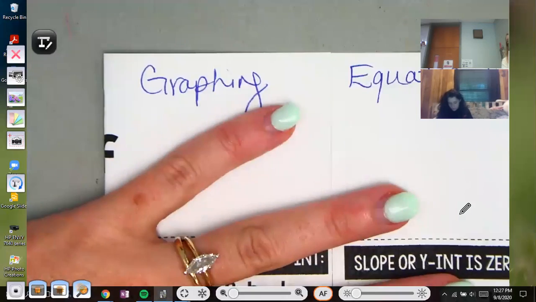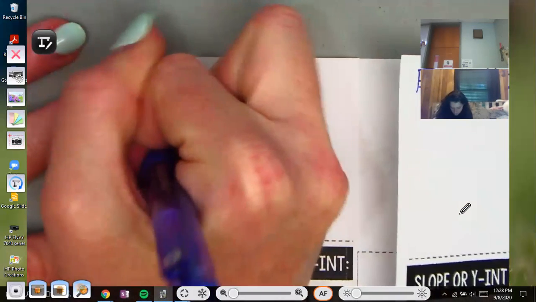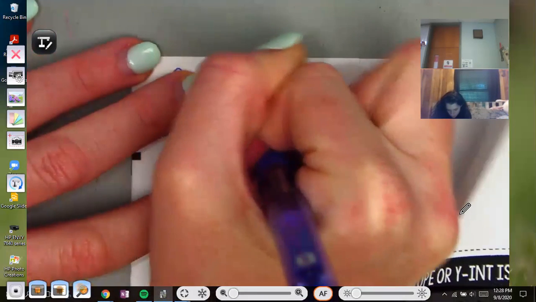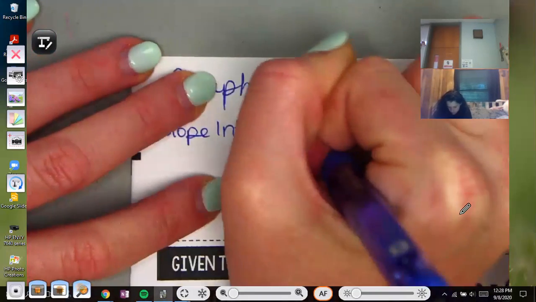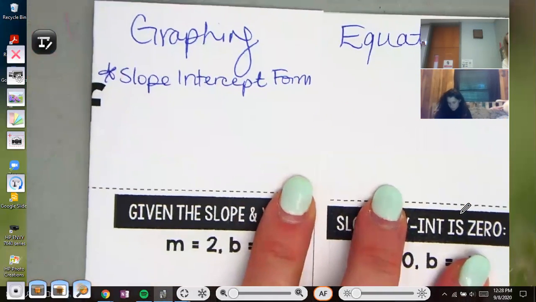But the very basic first thing you need to understand is slope-intercept form.